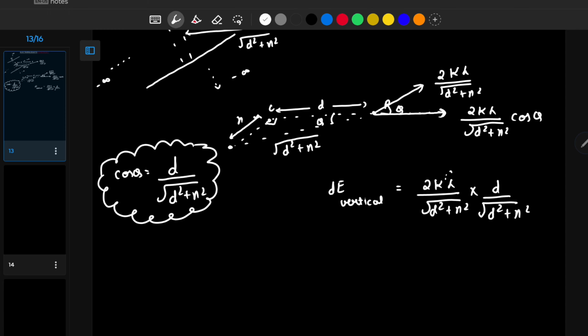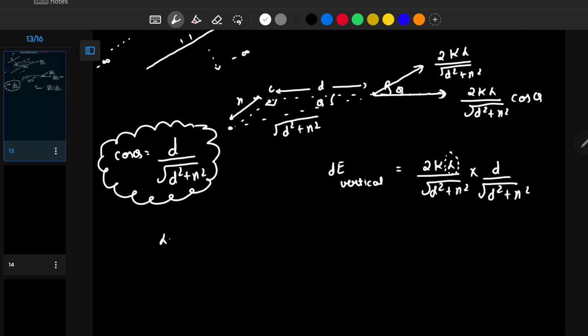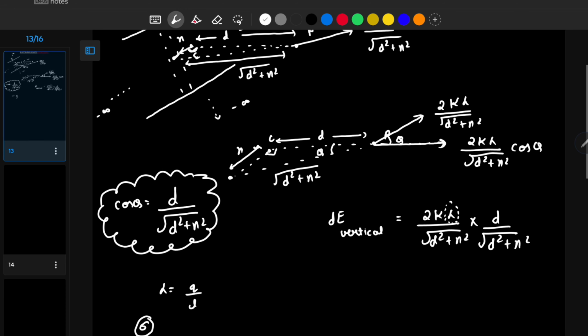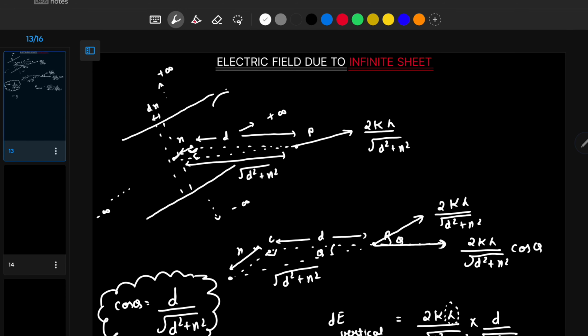We don't know the value of lambda yet. So what is lambda? Lambda is charge per unit length. I know sigma. This is a sheet of sigma charge density.